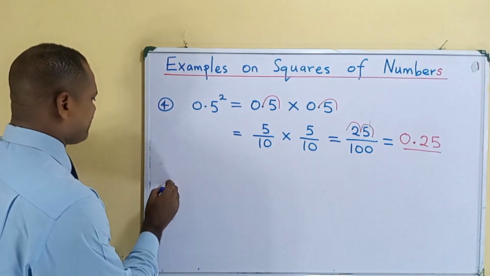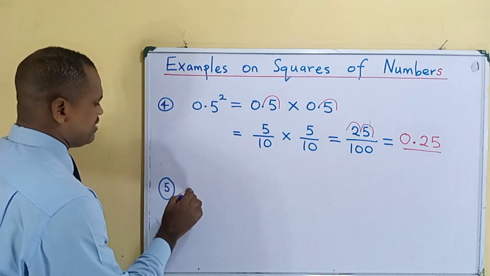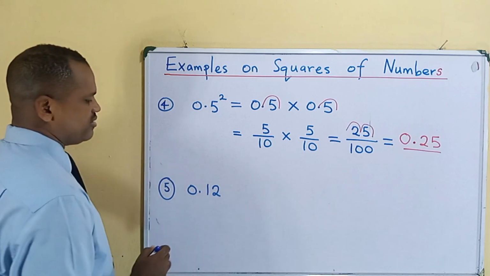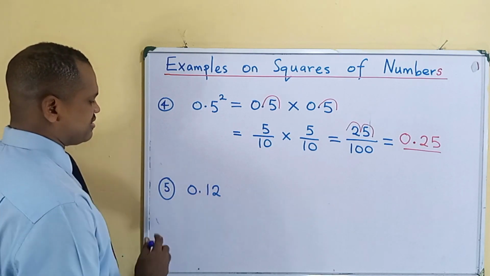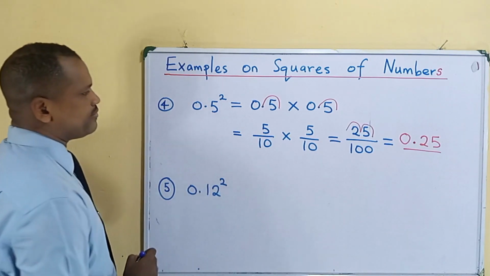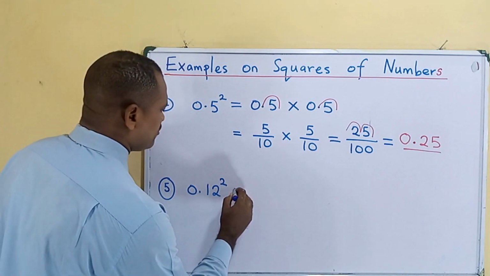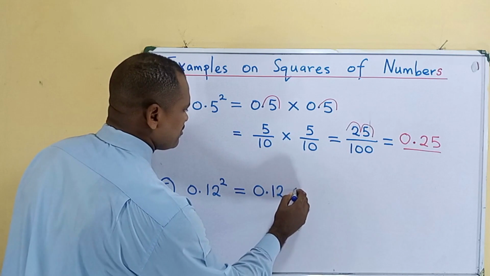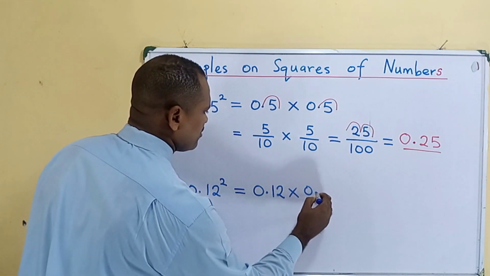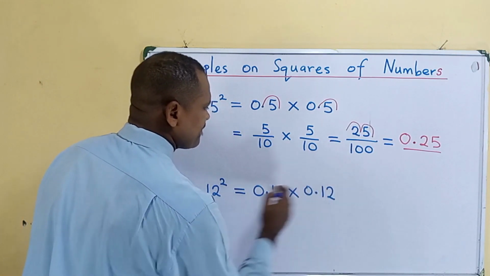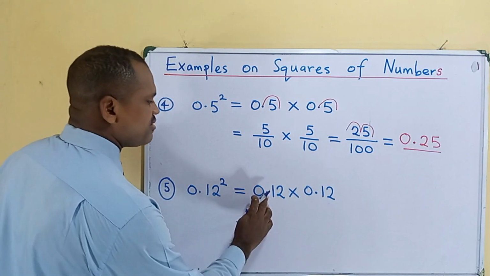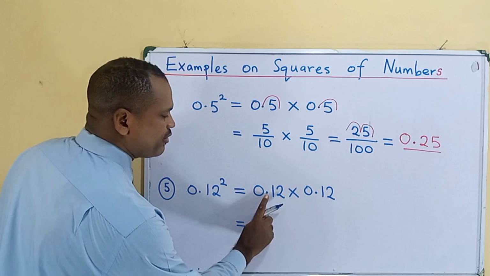Let's do number 5. Let's do another decimal number in two decimal places. Square. This we know means this. And of course, from what we have seen, look at it, the decimal point is now here.